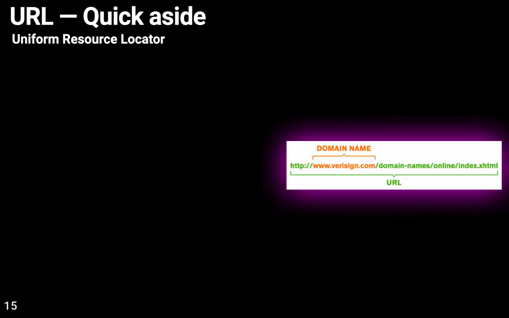But a quick aside, URL. This is called the Uniform Resource Locator. This is that big address that you type into the address bar at the top of any browser.